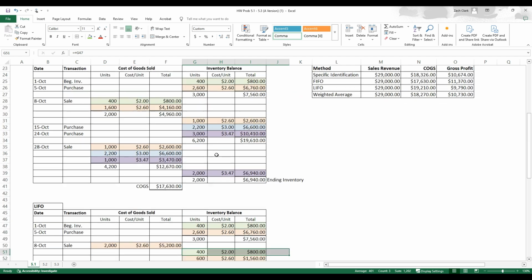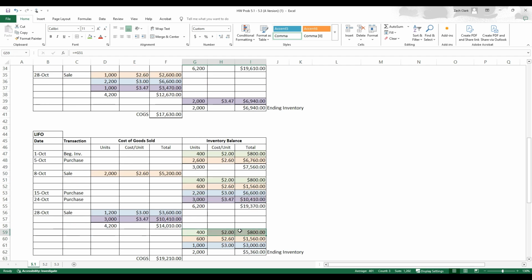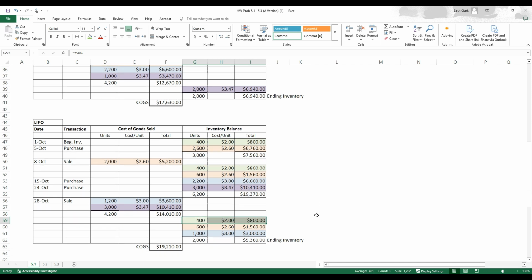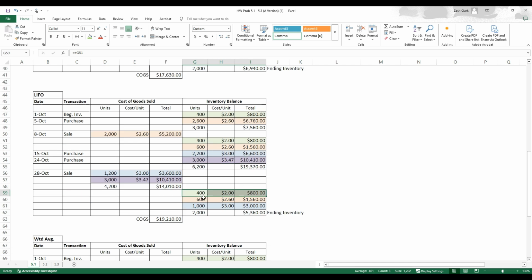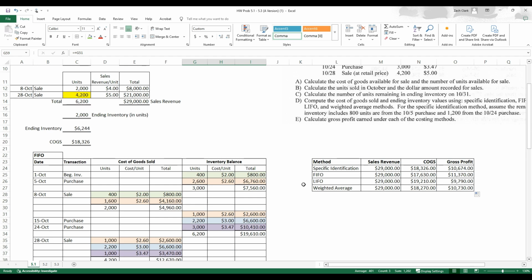For example, with LIFO, we still have this layer, but if sales kept happening for another month or something, then eventually you would get back to this layer and sell it off. It's really just about how much cost we have in the inventory versus the expense of cost of goods sold.